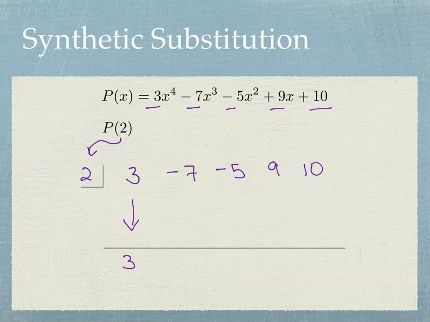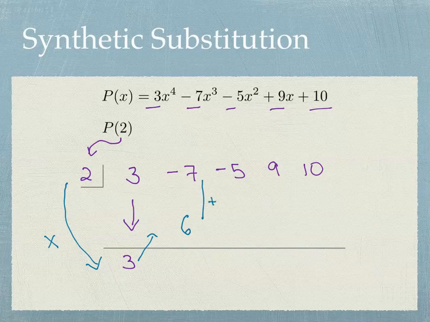And then I'm going to take this 2 and this 3 right here, and I'm going to multiply them. And then I'm going to put that answer right there. So 2 times 3 is 6. And then I'm going to take this -7 and this 6, and I'm going to add them.